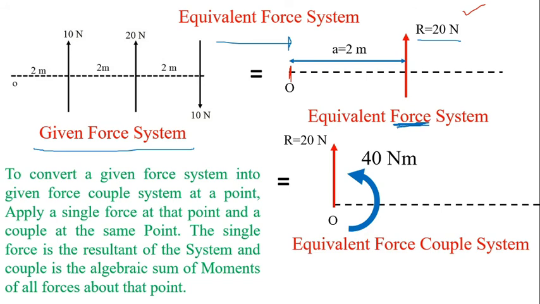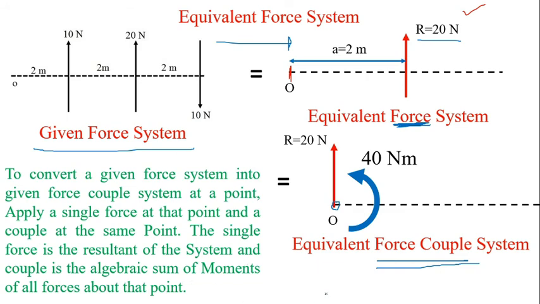Now the given system can be converted into an equivalent force and couple system. In an equivalent force and couple system we have to show a force as well as a couple or a moment. So here what I have done, I have determined the resultant of the system.